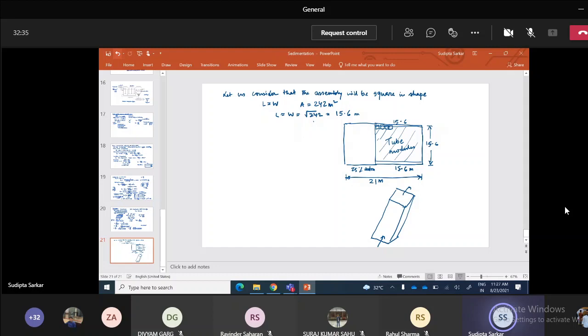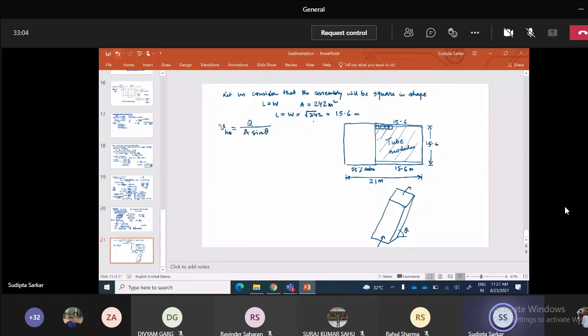We have not found out the value of VH theta, which is Q by A sine theta, right? Where theta is the angle created by each of those modules. So we have Q equals 1 meter cube per second, divided by 15.6 meters square, and you have sine 60.